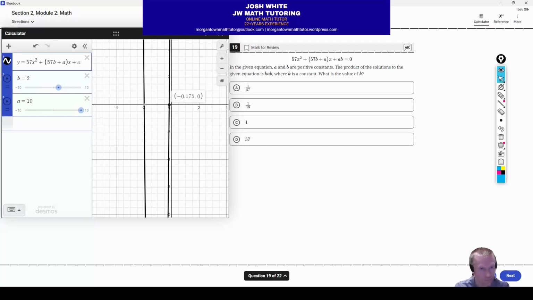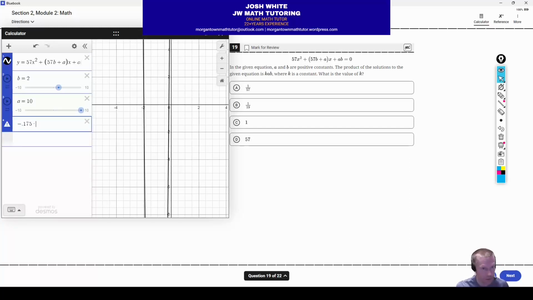Okay. So the product of the solutions is equal to K times A times B. The two solutions I have are negative 0.175 and negative 2.